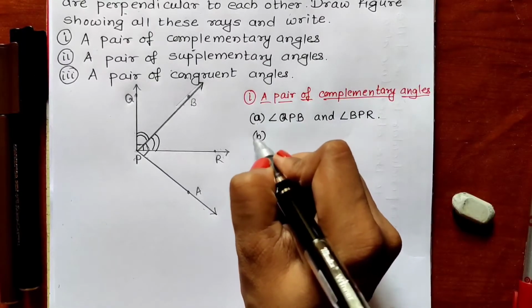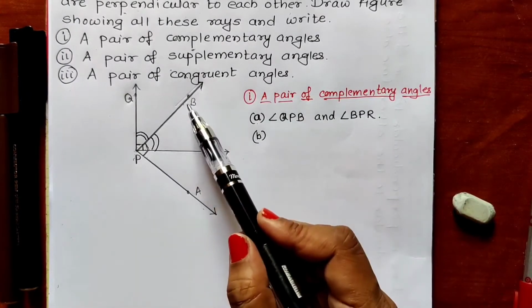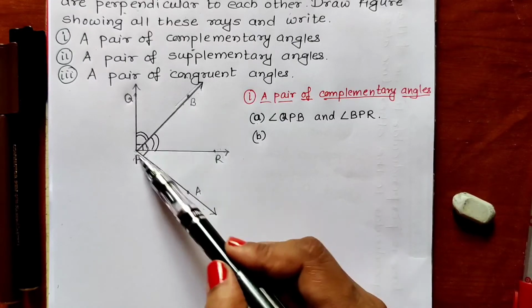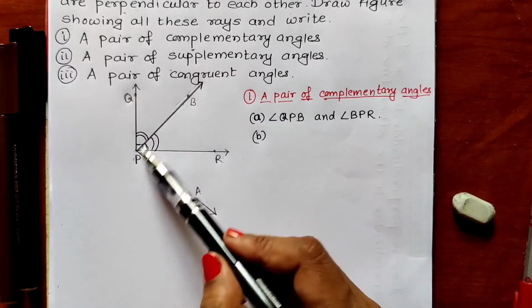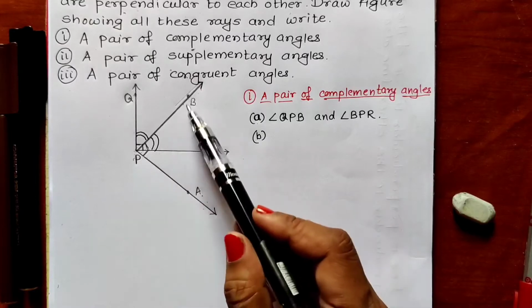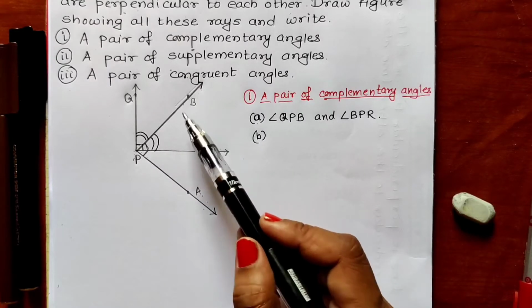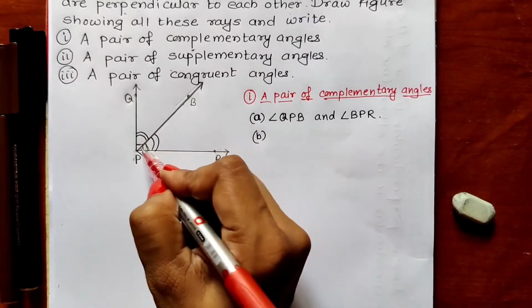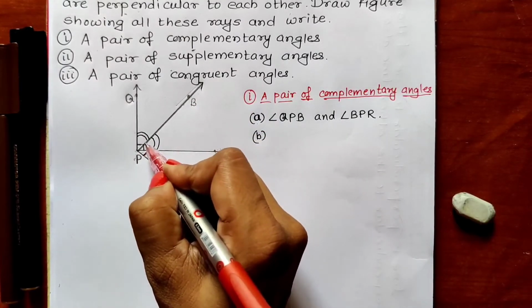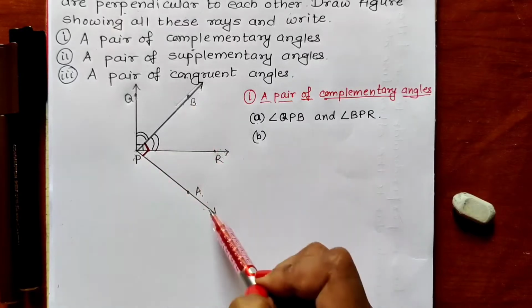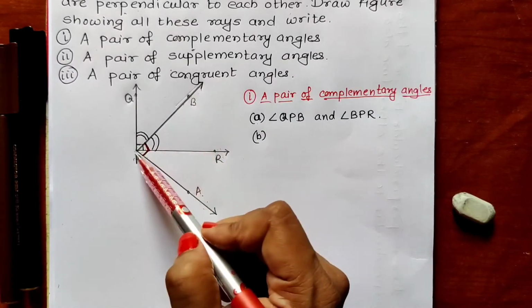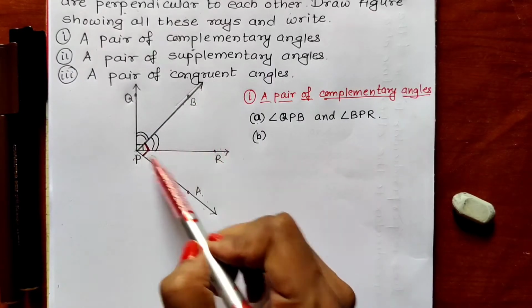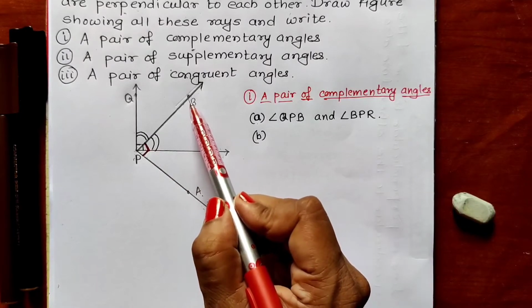Can you see the second pair? We have been given that PB and PA are perpendicular to each other, and that's why angle BPA is also 90 degree. Here we have shown the 90 degree symbol. Now BPA is also made up of two smaller angles. Which two smaller angles can we see?